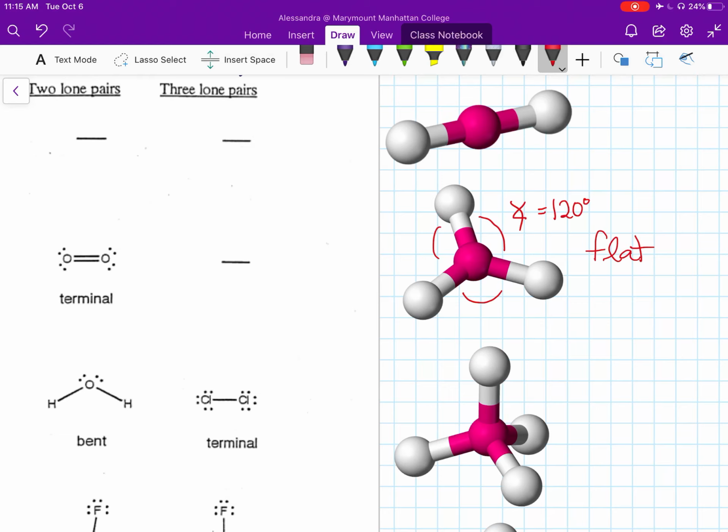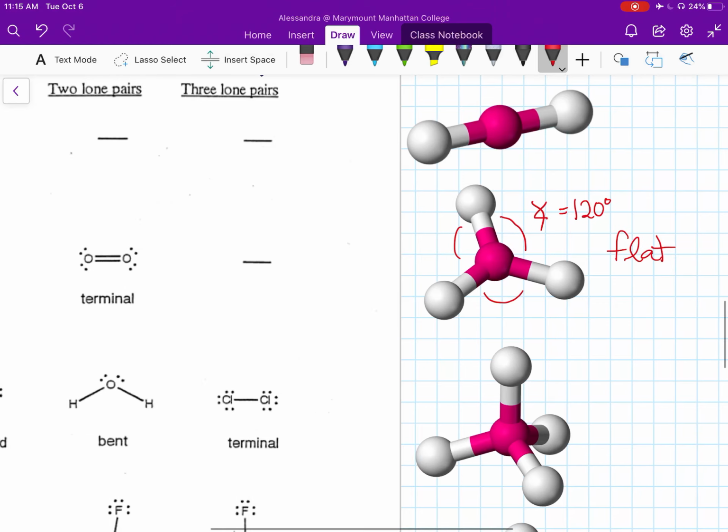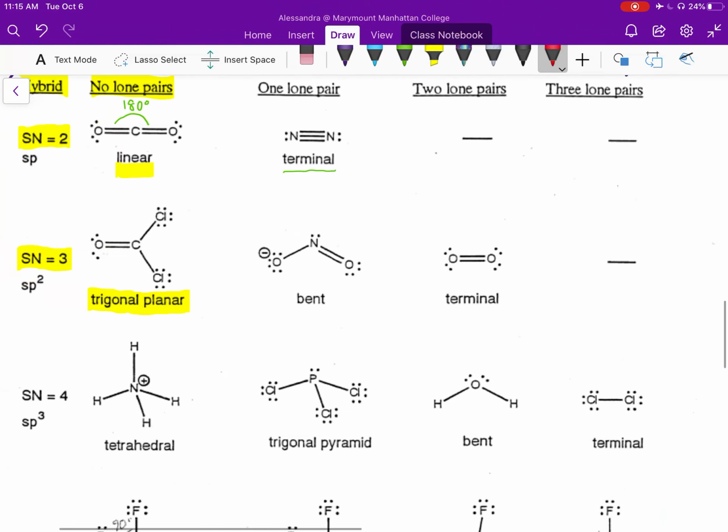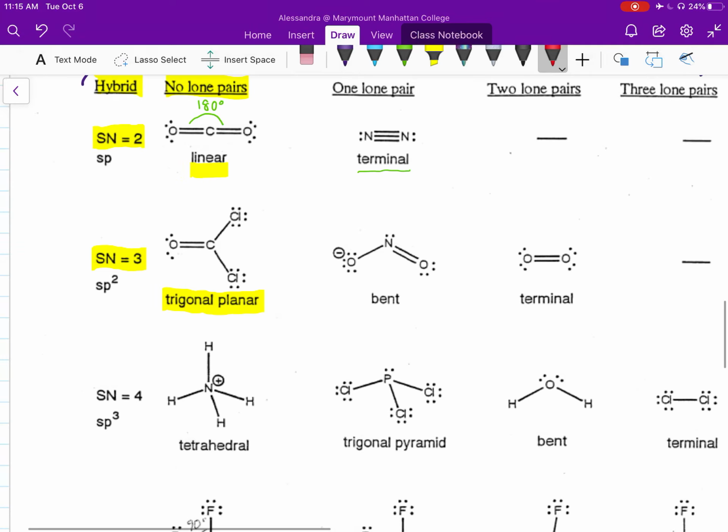In a situation like this molecule here, the double bond takes up slightly more space than the single bonds, simply because the double bond has more electrons in it, so they need slightly more space. So in this particular molecule here, this bond angle is going to be slightly greater than 120 degrees.